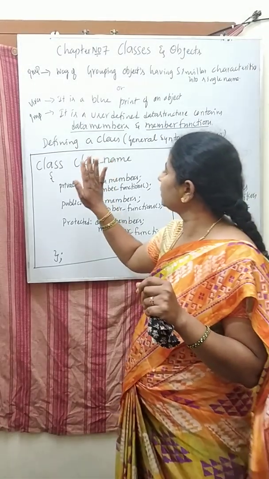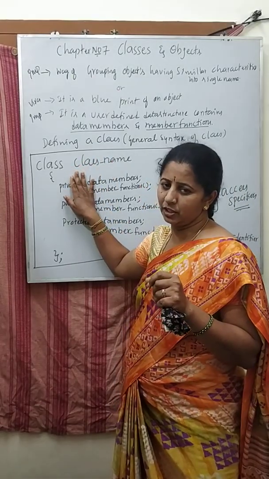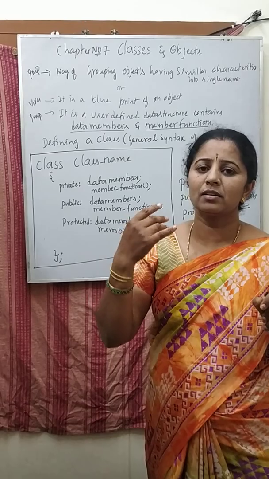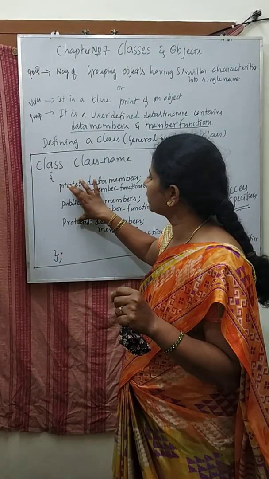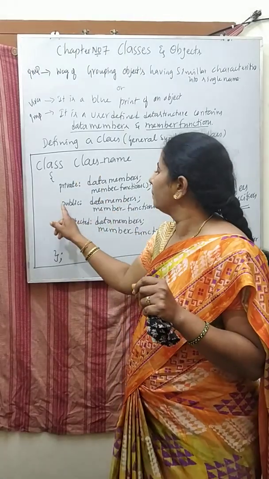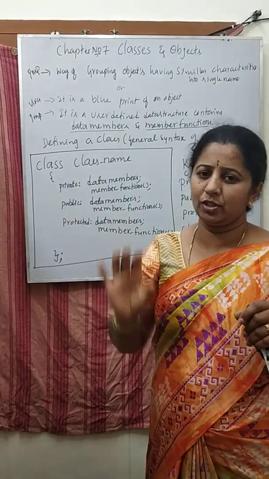We are hiding the internal representation from the external user. If I declare those members as private or protected, they cannot be accessed by the public.